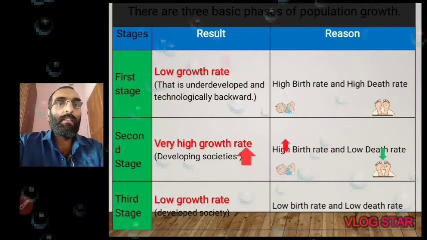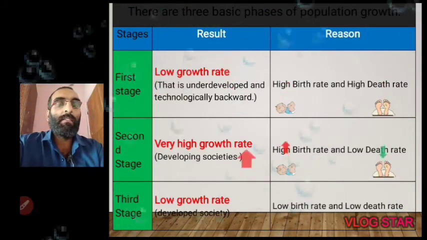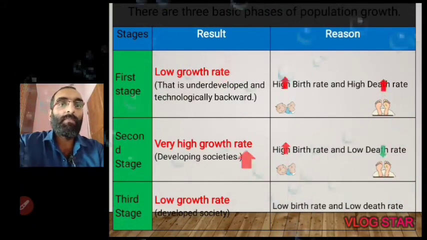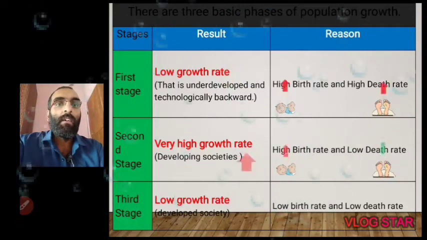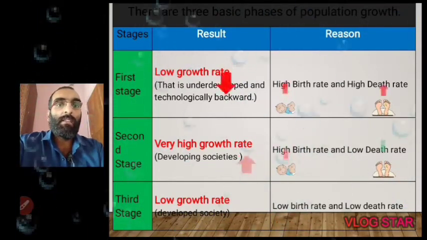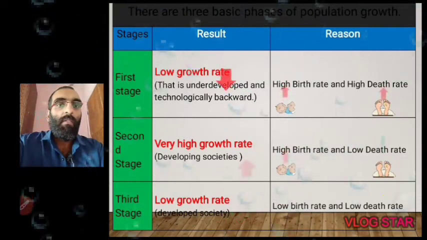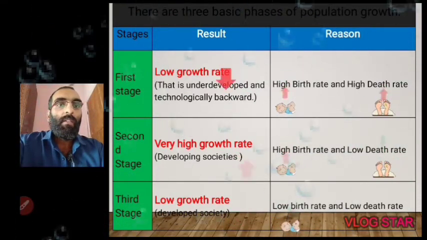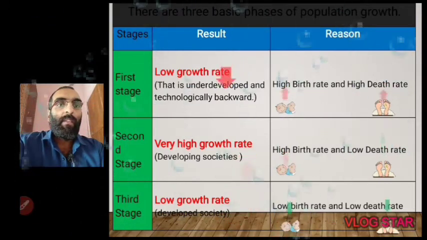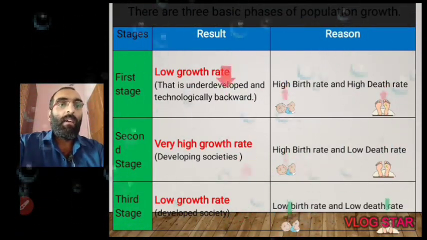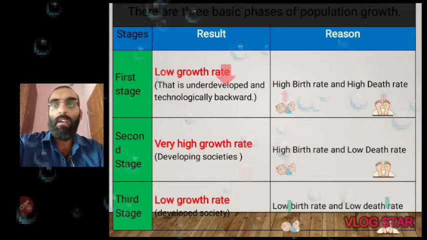In the third stage, you can see developed countries, developed societies like America. The growth rate is very low. Here there is a low birth rate and a low death rate.